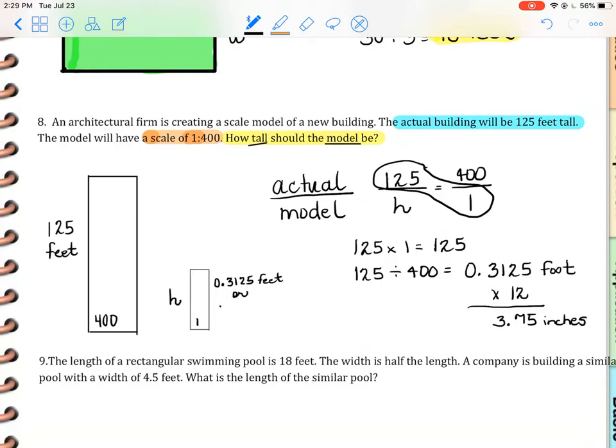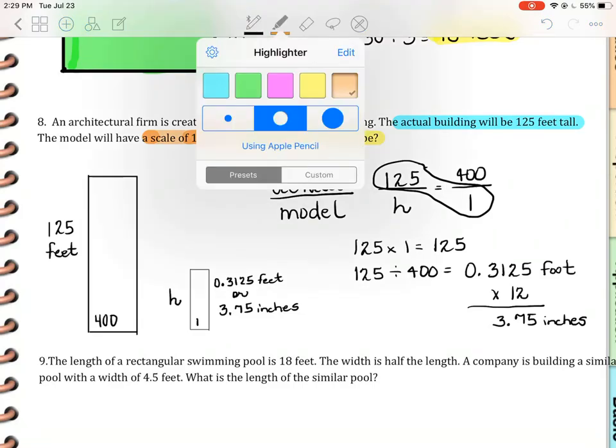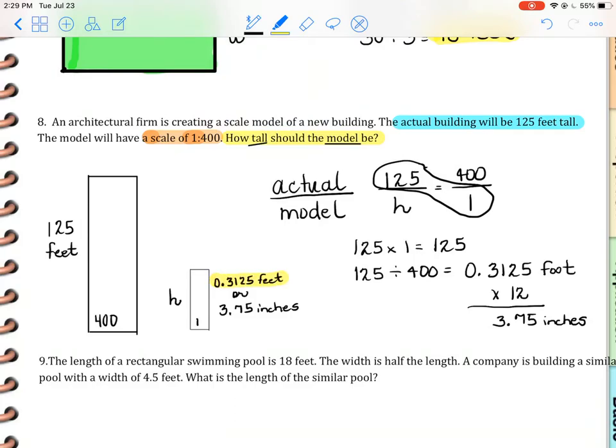So if they ask you for inches, you're just going to multiply it by 12 because there are 12 inches in a foot. So how tall should the model be? Depends on how they want the answer. That many feet or that many inches.